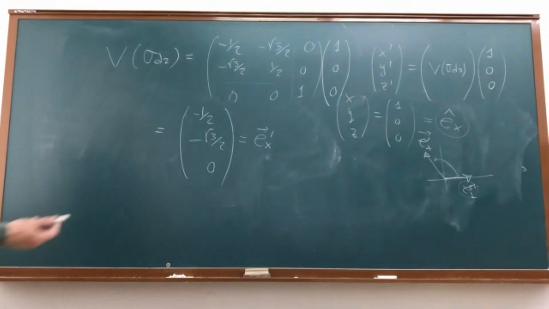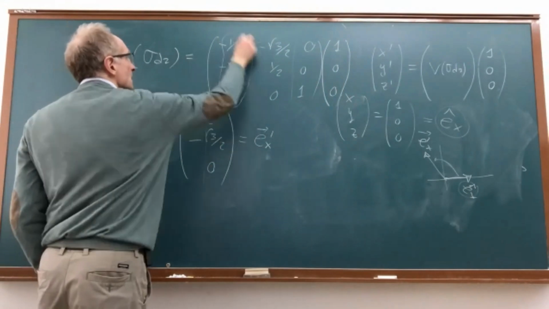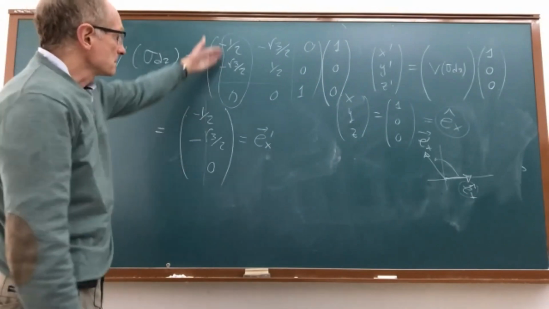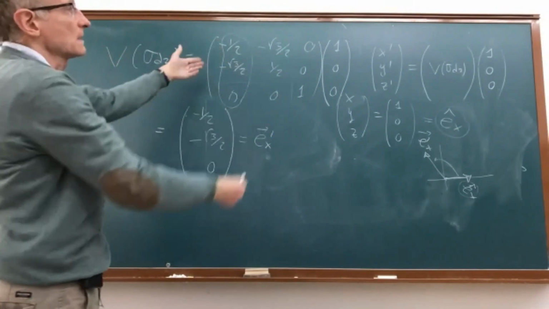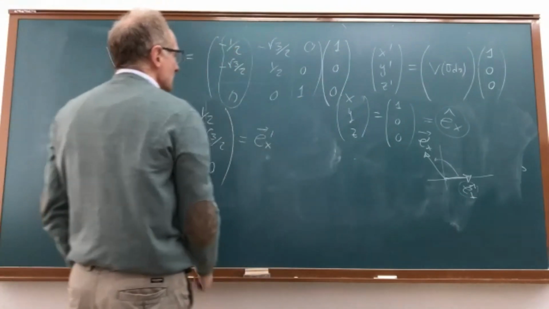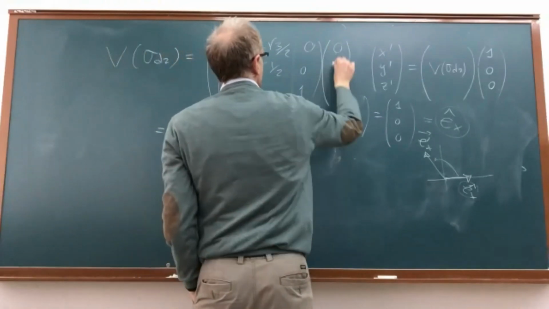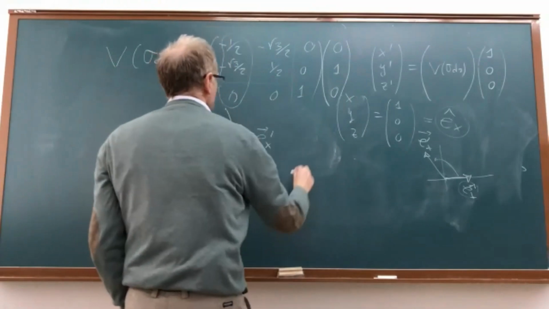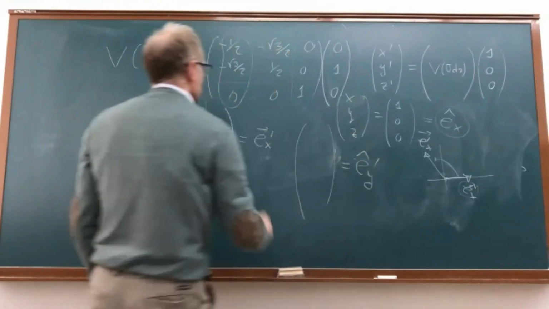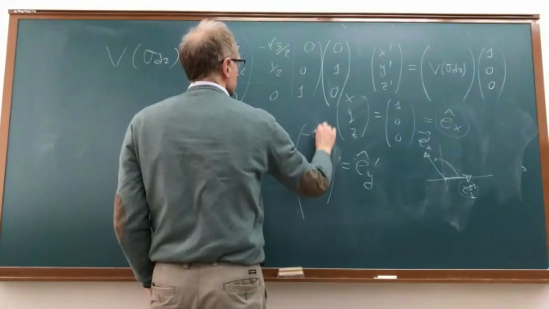And now you see, this is what? This is exactly the first column of the matrix. As you can see, it's obvious that it has to be like this, if you see what the mechanics of the matrix multiplication is. If now I take the second unit vector, then immediately you find that the transform of the second unit vector is just the second column.